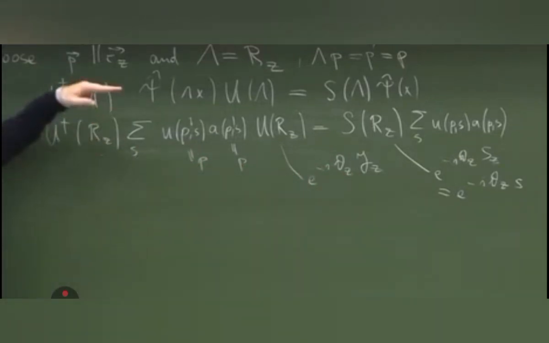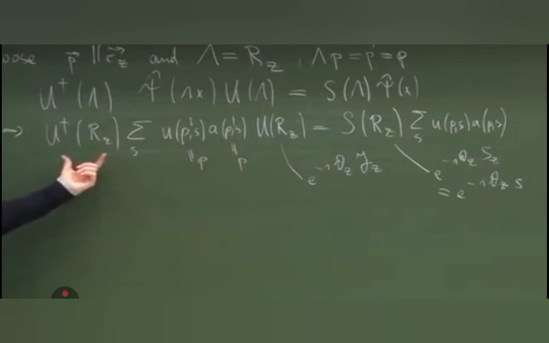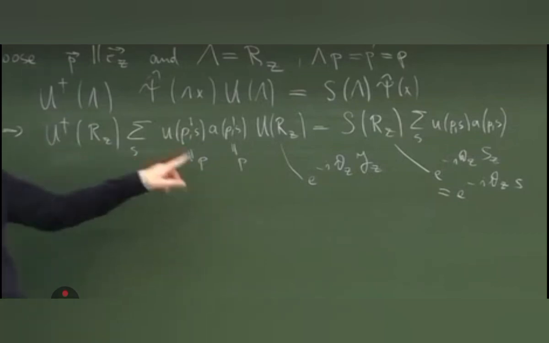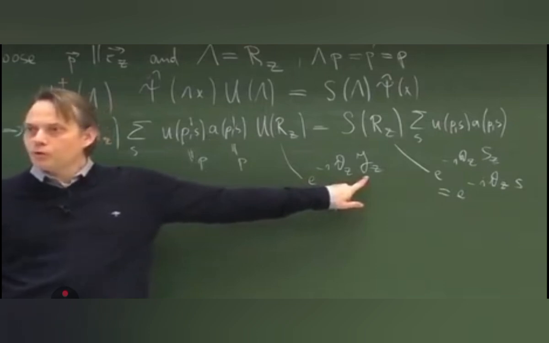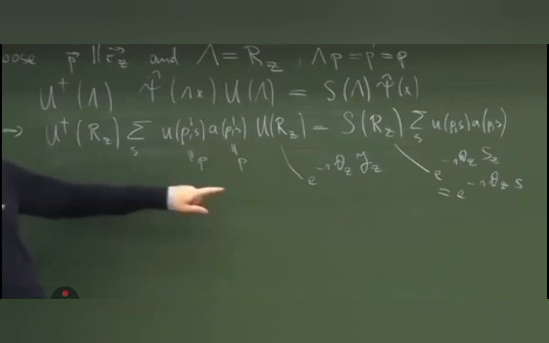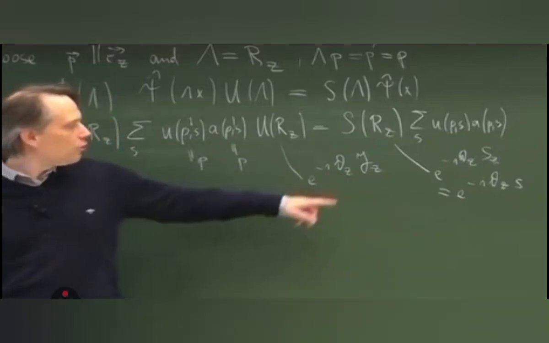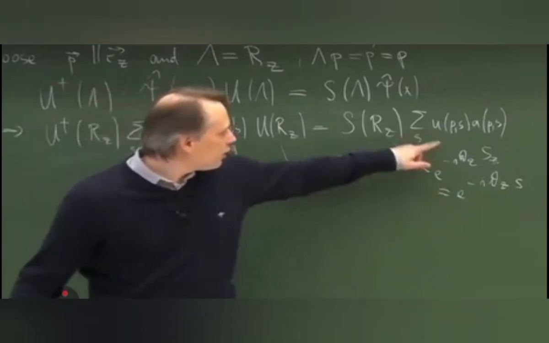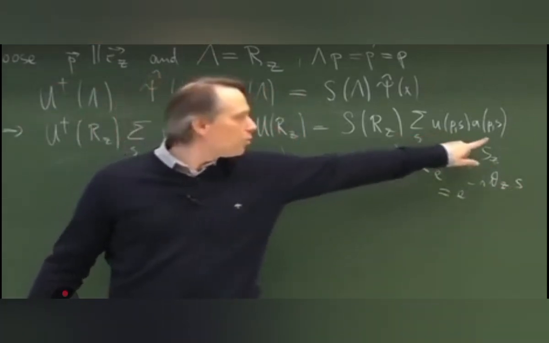And then you can look at the entire equation for infinitesimal angles theta. Then what happens to the left-hand side? On the left-hand side we get the commutator of the expression here with the operator Jz. The commutator only does something with the operator A, because that is an operator while that is a number. So here we get the commutator of A with Jz. On the right-hand side, we get the eigenvalue S times the spinor u of p, and the operator stays what it is.